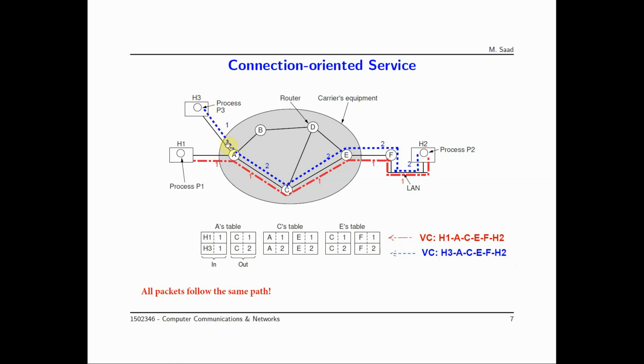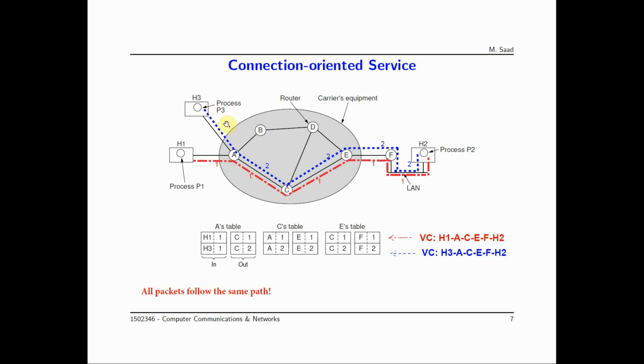Is this link being used by the other virtual circuit? No, this is a link and this is another link. So the fact that we're using VCI 1 here does not prevent us from using VCI 1 here, because this particular link is not used by any other connection, right?